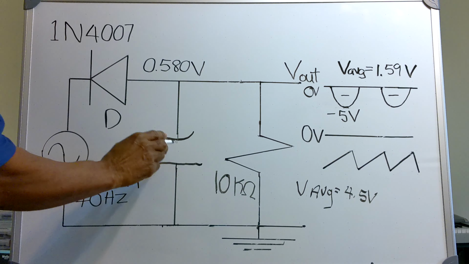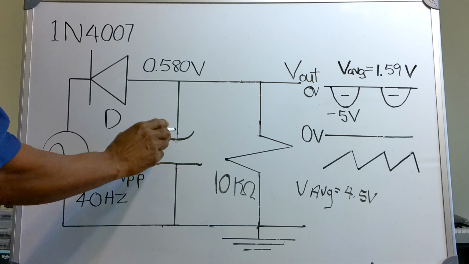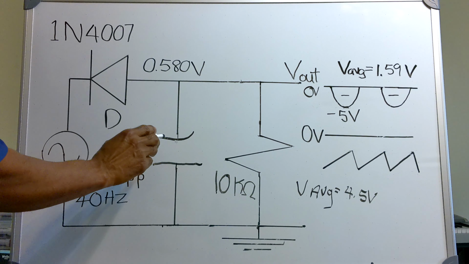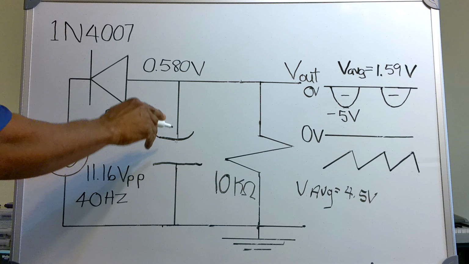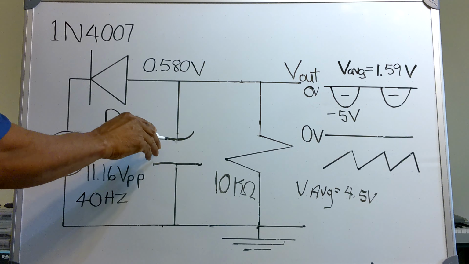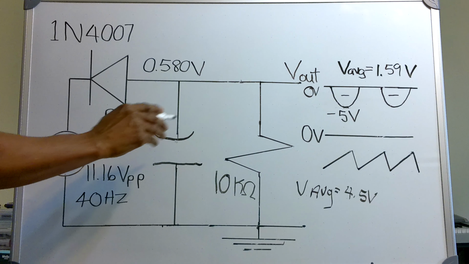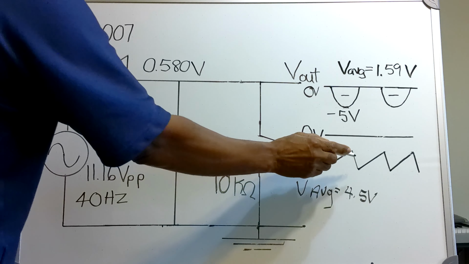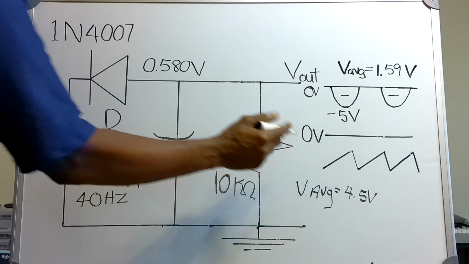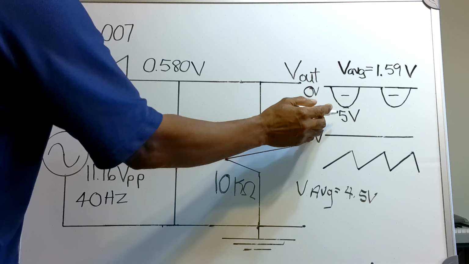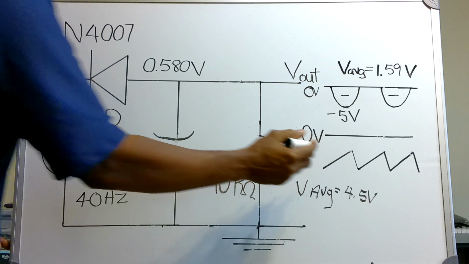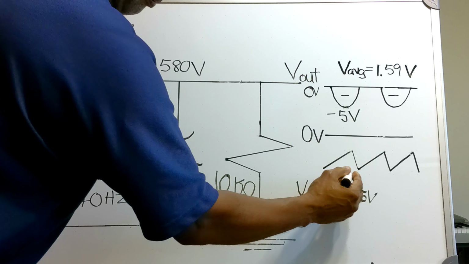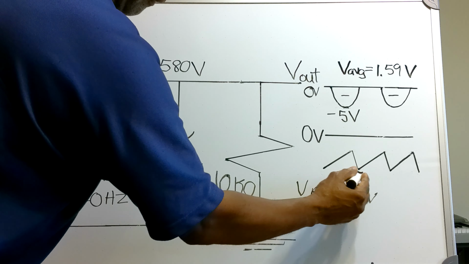Now, what I need to find out is what the value of this capacitor is. When I put this capacitor in the circuit, I will get an output waveform that looks like this. This output waveform would have a peak voltage at the bottom of -5 volts.